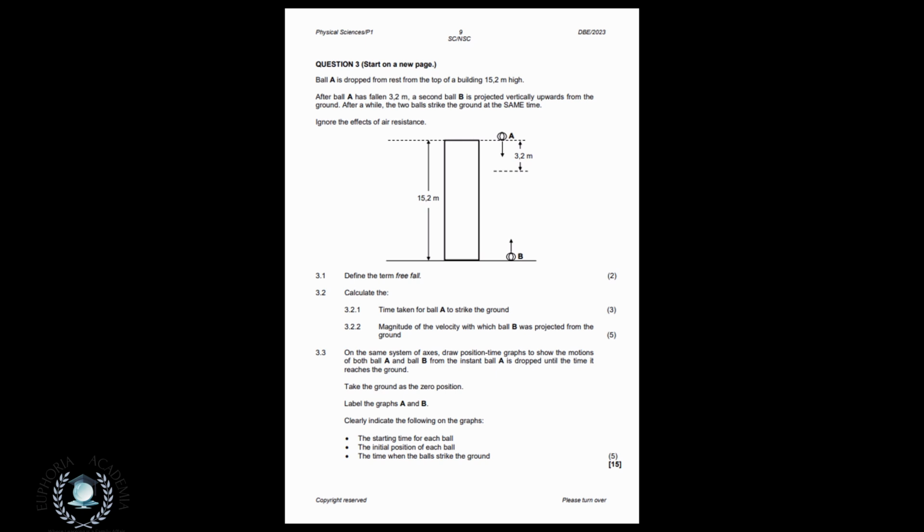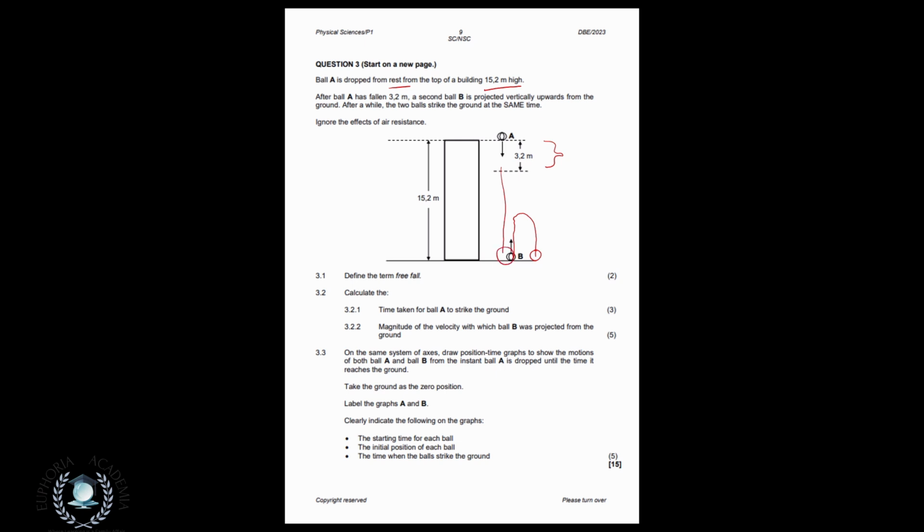Alright, so we have a ball that is dropped from rest from the top of a building that's 15.2 meters high, and after the ball A has fallen about 3.2 meters, we have a second ball, ball B, that is going to be launched upwards from the ground, and after some time the two balls are actually going to end up in the same place, which is the ground.